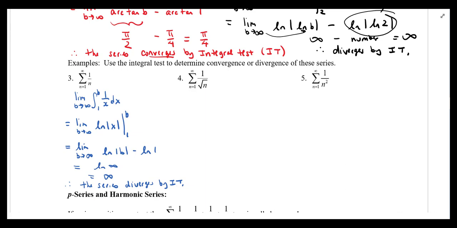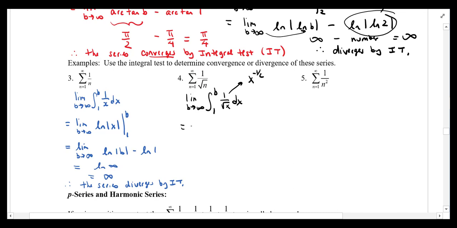Number 4. Limit b approaches infinity, integral from 1 to b of 1 over root x dx. Once again, that is the same thing as x to the negative 1 half.